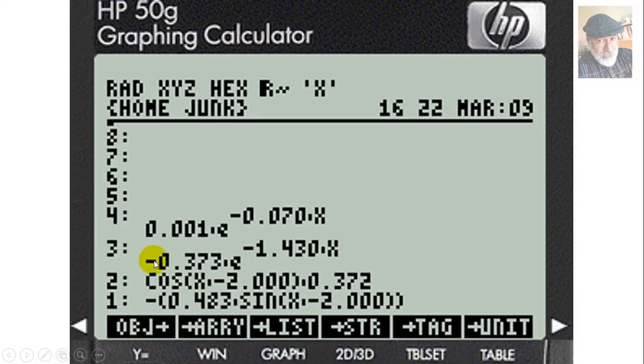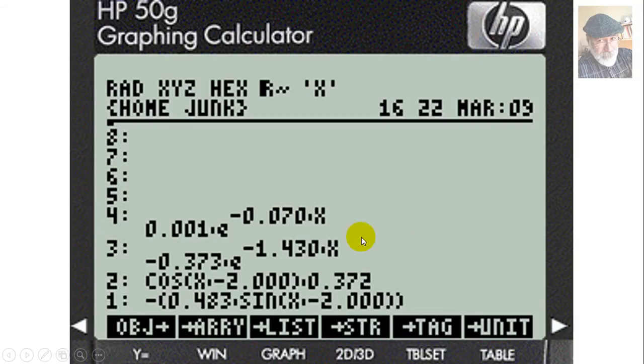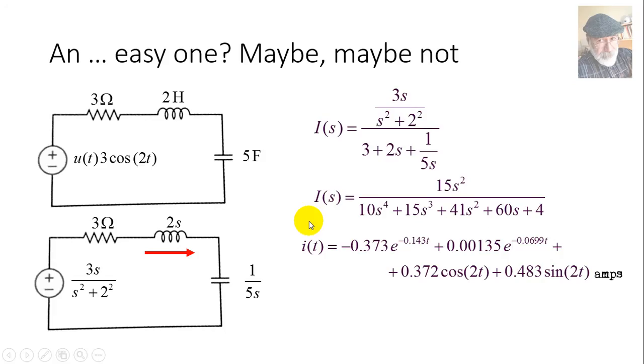It will be negative 0.373 e to the negative 1.43 t here, the first term, right? Plus the next one, which is this one, 0.001 exponential of negative 0.070x, which is time, right?